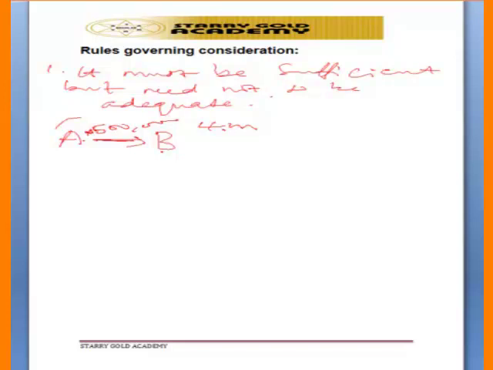It does not mean that it should be adequate or commensurate with the Jeep Mr. A is giving out. That's what we mean by it must be sufficient, but does not need to be adequate.